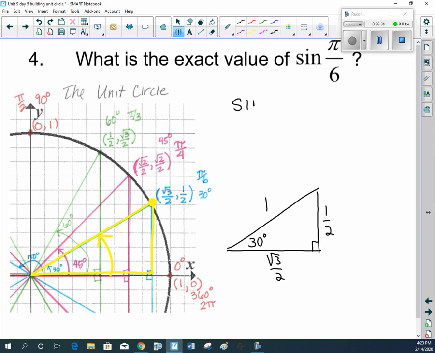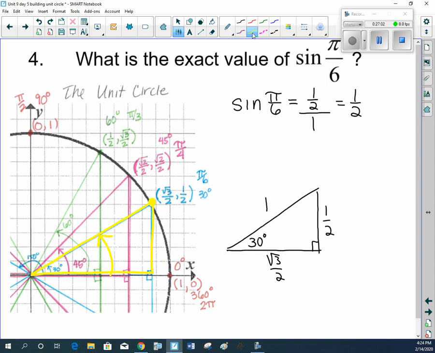The question said, find the exact value of the sine of pi over 6. Well, our definition of sine is opposite side over hypotenuse. Once again, dividing by 1 is not going to change that value, so we're going to end up with a half. So the sine of pi over 6 is a half.